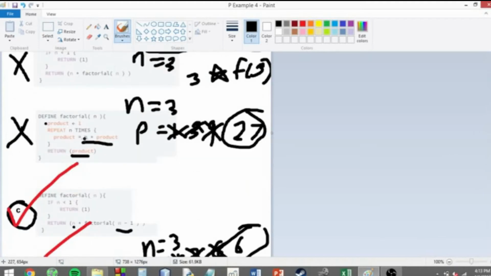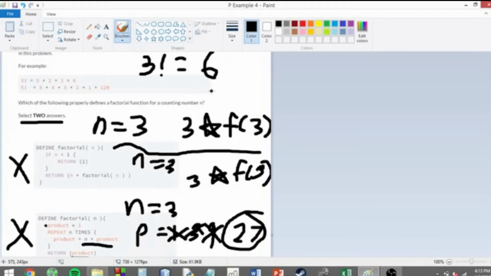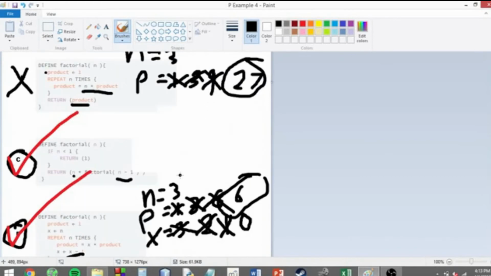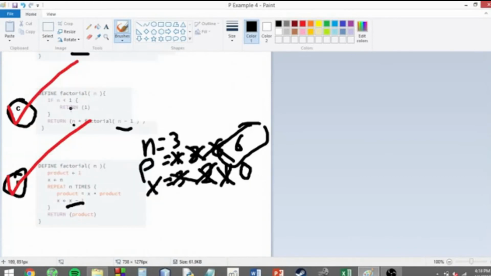This one did finish, but it finished with a 27, which is far above the 6 that we needed. Then lastly we tested out these 2, and found that both of them equal 6 at the end. I erased my work for this one, but hopefully you saw it, or you can go back and look at that work again. Alright, and that's how we would solve a problem like that.